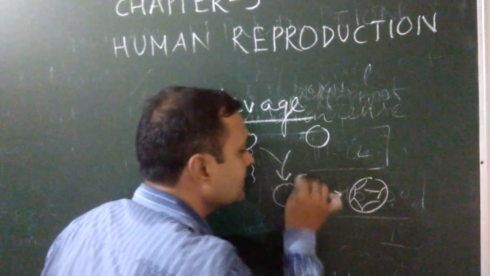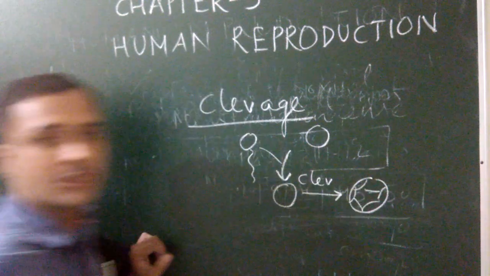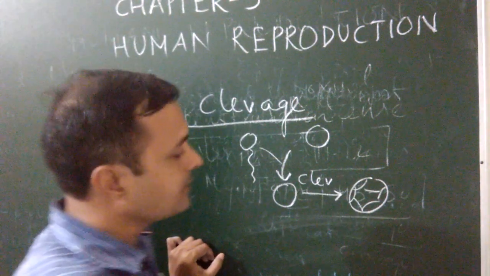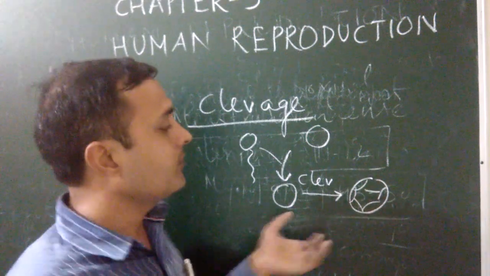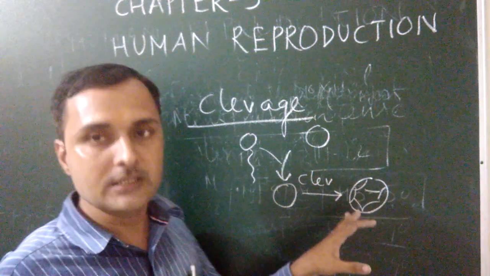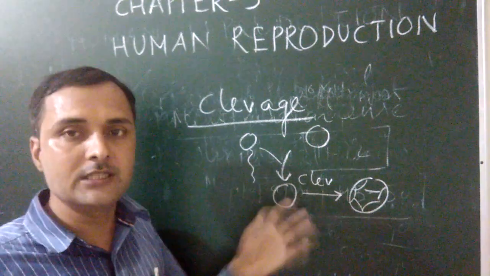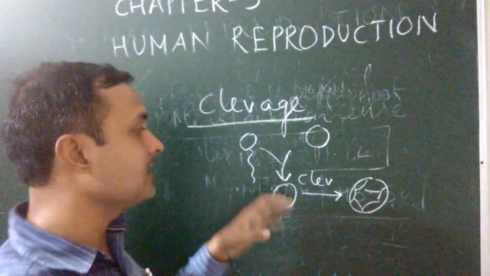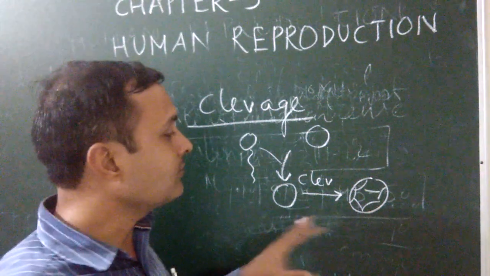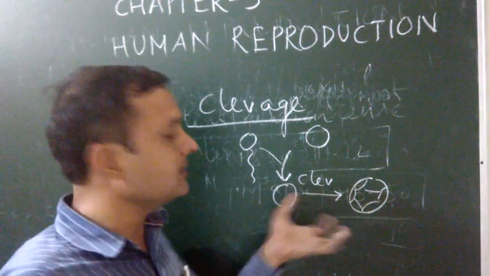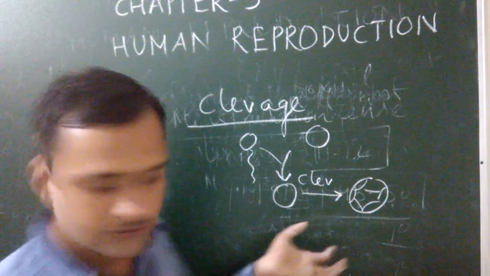This process is known as cleavage. The process by which the zygote divides multiple times and forms a multicellular structure is known as cleavage. Due to cleavage, the zygote changes into a multicellular structure.